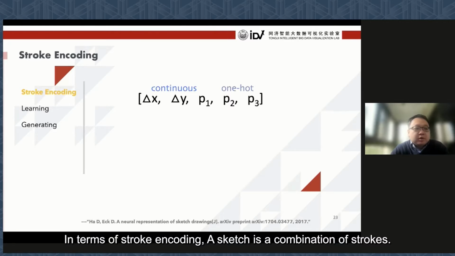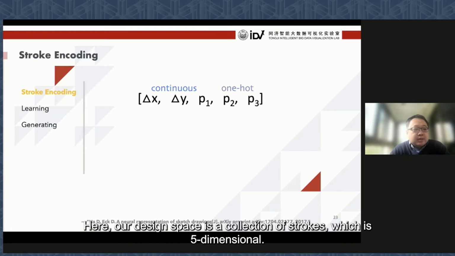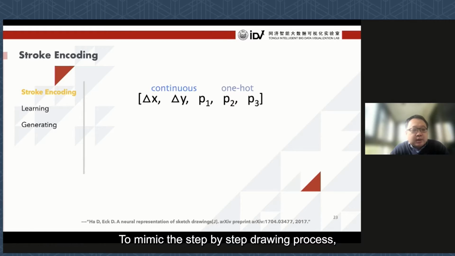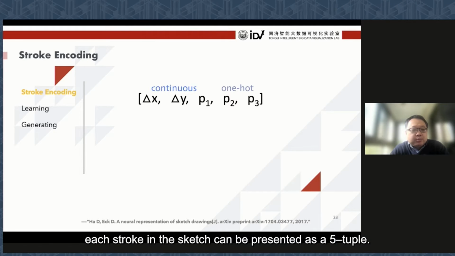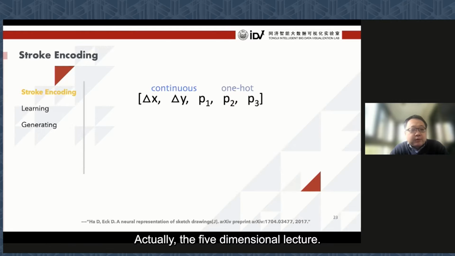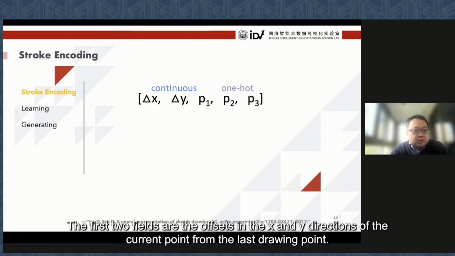In terms of stroke encoding, a sketch is a combination of strokes. Here, our design space is a collection of strokes, which is 5-dimensional, to mimic a step-by-step drawing process. Each stroke in the sketch can be represented as a 5-tuple, actually a 5-dimensional vector. The first 2 fields are the offsets in the x, y directions of the current point from the last drawing point.